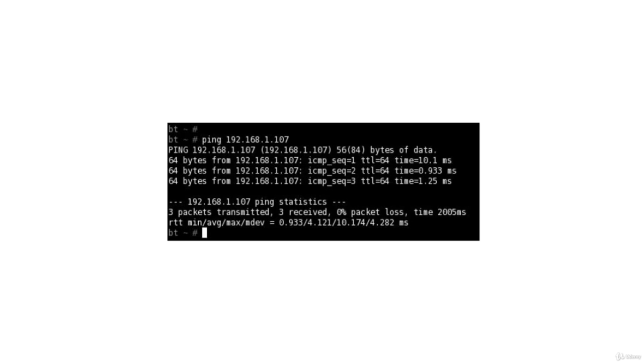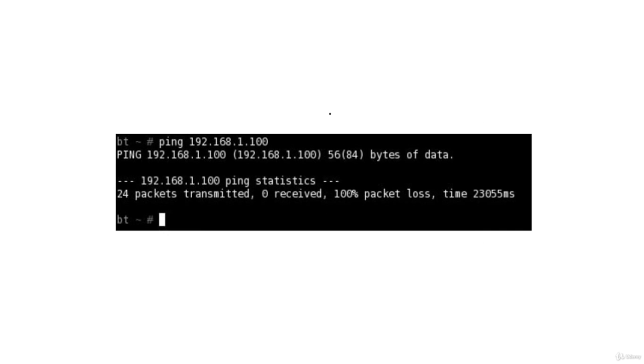Let us take a look at the figure, where we send another ping to a different target. But this time the target system is blocking all ICMP traffic.